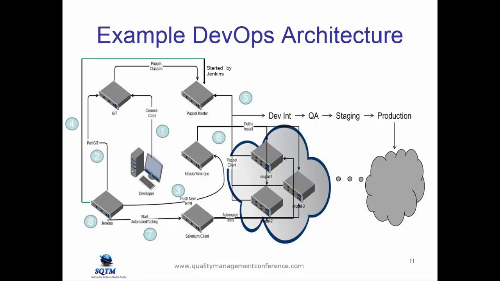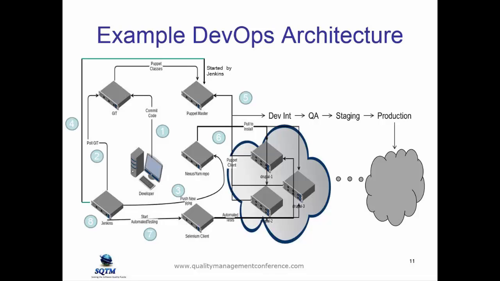In this case, it's the box in the lower left called Jenkins, and it pulls looking for changes to the code. When it finds changes to the code, it pulls that code out, and it does a local compile. It does some local static analysis checks, some unit tests, some other types of things to make sure that the commit is valid. And we'll talk about later what happens if it's not a valid commit.